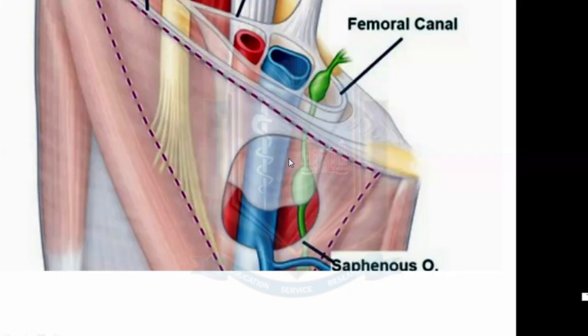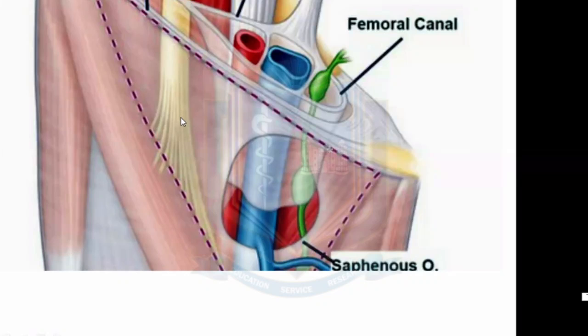It provides a potential space that allows dilation of the femoral vein or artery when required. When blood is passed in the femoral artery under high pressure, or in strenuous exercise when venous return is more, these vessels can dilate and accommodate in the femoral canal region.